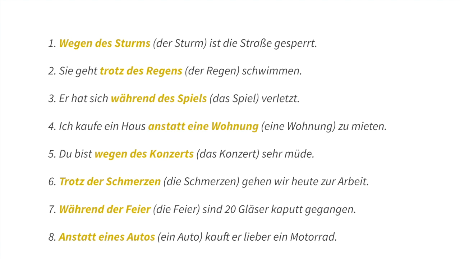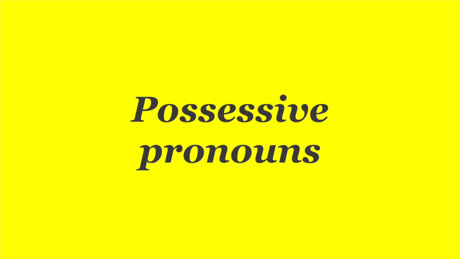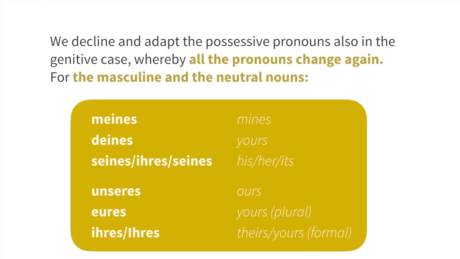As following, we will see the possessive pronouns in genitive. The possessive pronouns in genitive, yeah, are also declined and adapted to the grammatical case. And here we see that all pronouns change again.